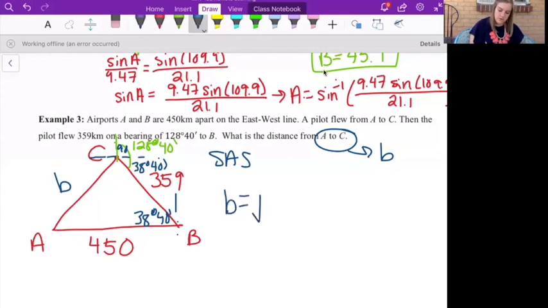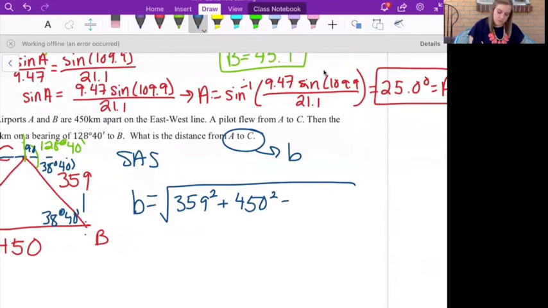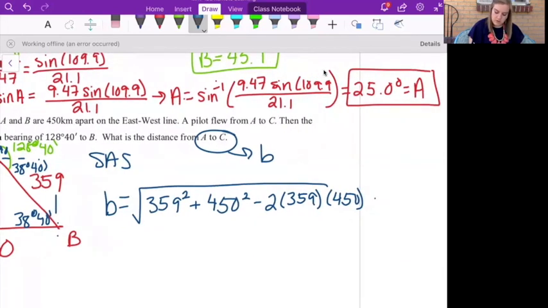So B equals the square root of 359 squared plus 450 squared minus 2 times 359 times 450 times the cosine of 38 degrees 40 minutes.